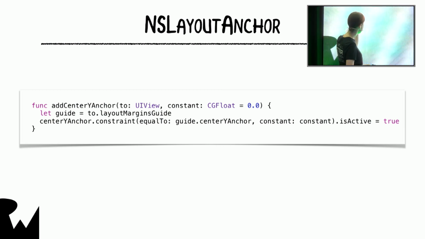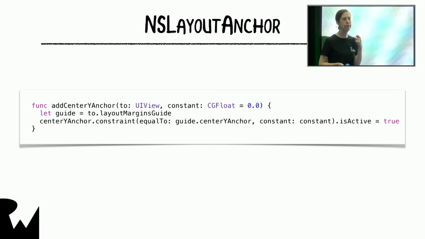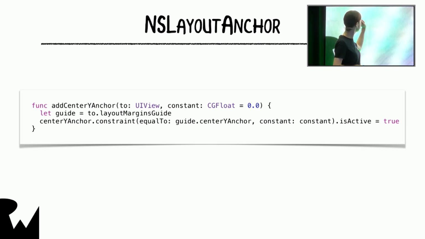And this is a little example. This little function is basically taking in a view that we want to constrain the view that the function is called upon to. So here we're trying to constrain the center Y anchor of one view to another. It's a little bit less verbose, and we'll see a little bit more of this in use in the demos.